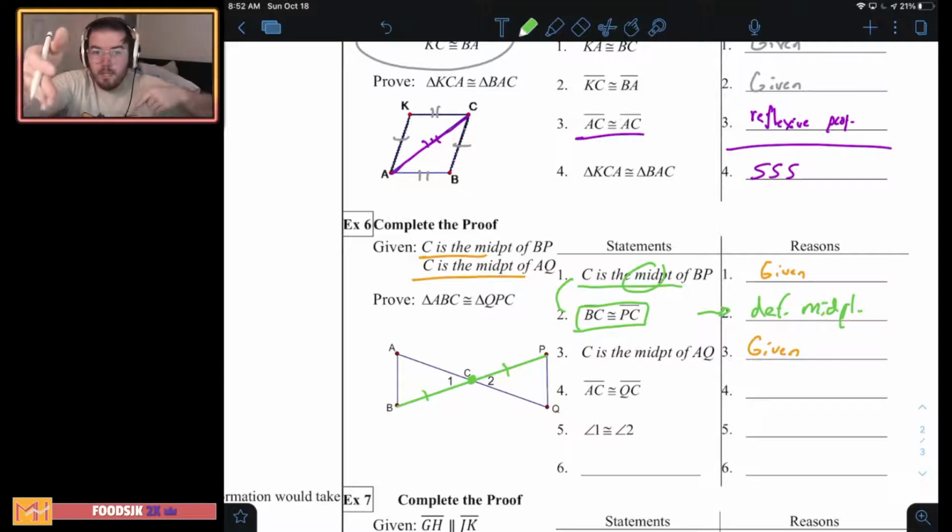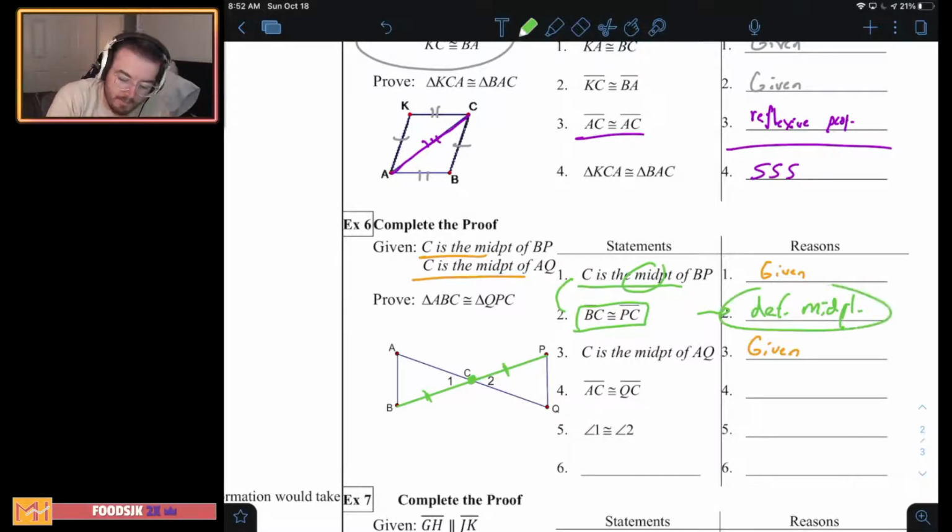We are smart people, and we know what the word midpoint means. Midpoint means it's in the center, and if it's in the center, then it's got to be equal on either side. You're exactly right. Don't underestimate yourself. What was your reasoning? The definition of the midpoint. Exactly.